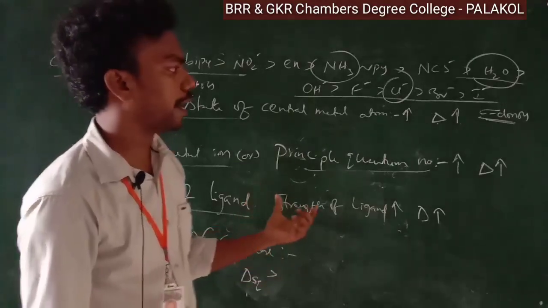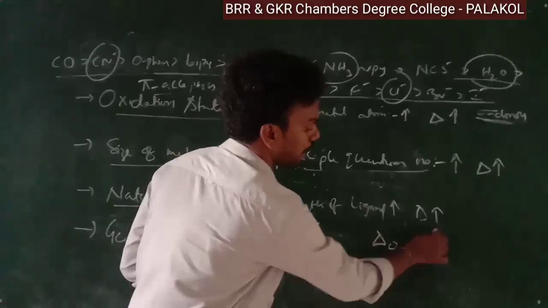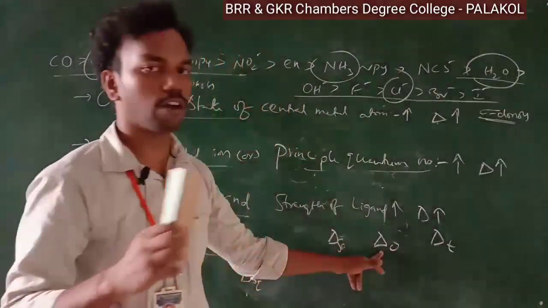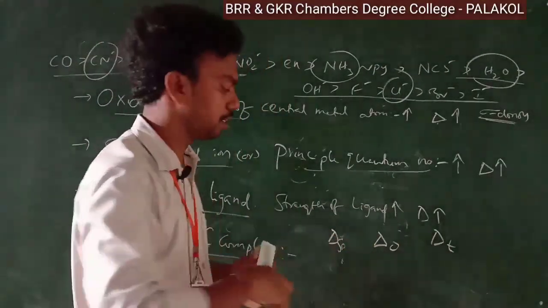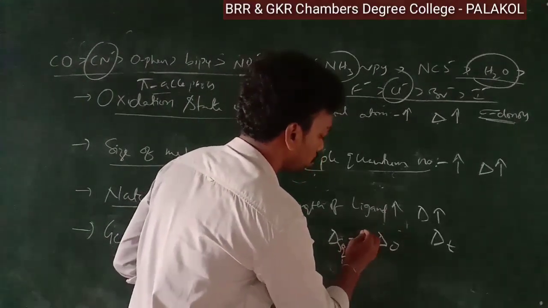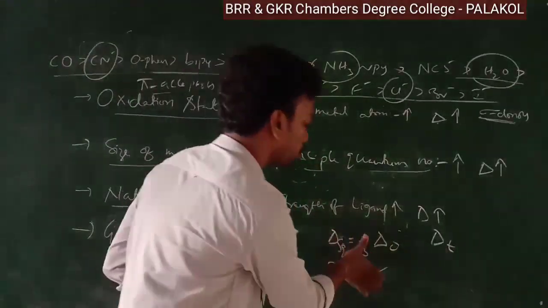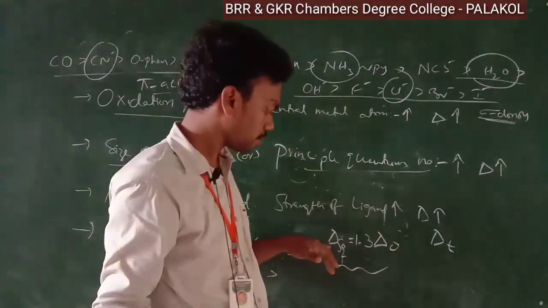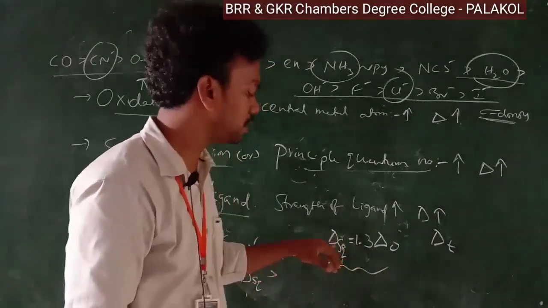After that, octahedral and tetrahedral: delta O, delta T and delta SQ. Crystal splitting in square planar, crystal splitting in octahedral, crystal splitting in tetrahedral. The square planar complex has more CFSE. The relation is delta S equal to 1.3 delta O. So the crystal splitting energy in square planar is more.